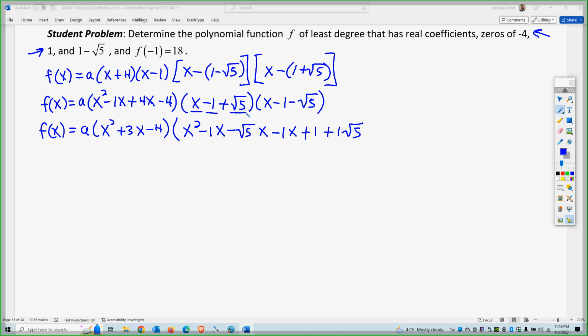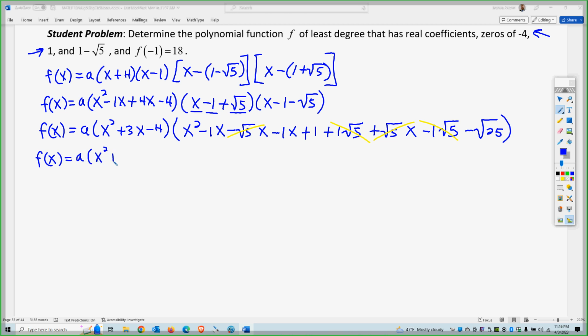Okay, and the next one, root 5, so plus root 5x minus 1 root 5 and then minus root 25. So that gives me 1, 2, 3, 4, 5, 6, 7, 8, 9 terms. 3 times 3 gives me 9 terms, right? And I can cancel a bunch of these, like that one cancels that one, and then that one cancels that one, correct? So we're left with a lot fewer terms now, which is why you want to combine the similar ones first, so you don't have to go through the mess of not having it cancel.